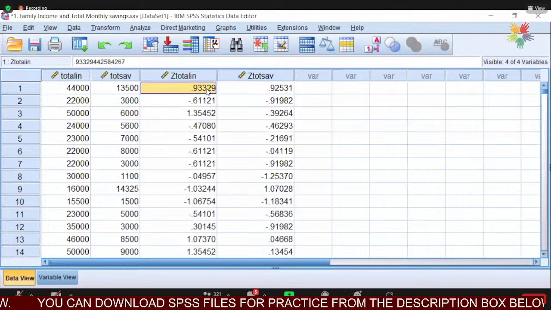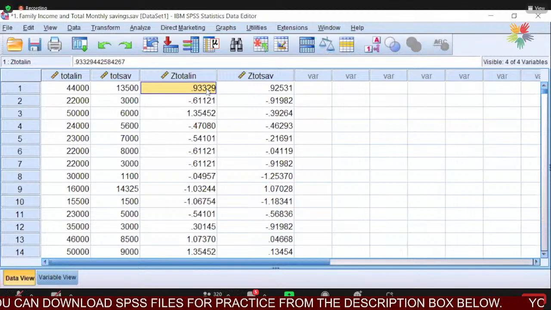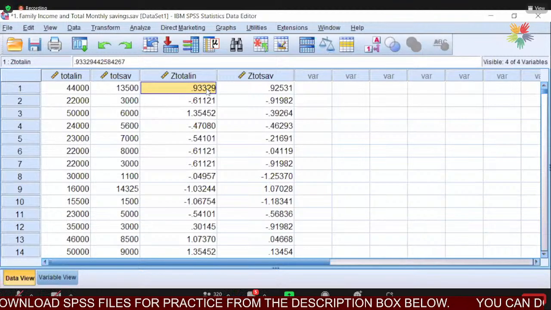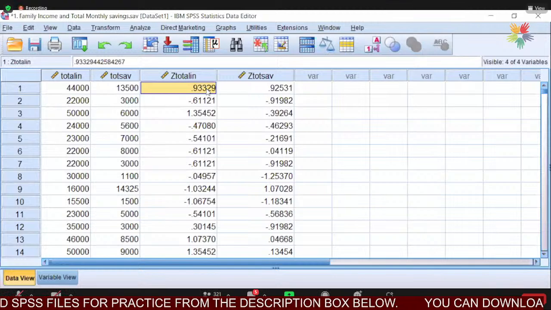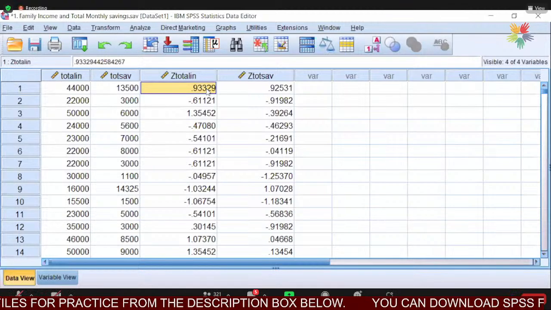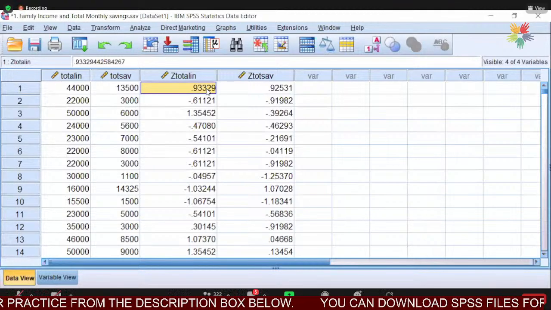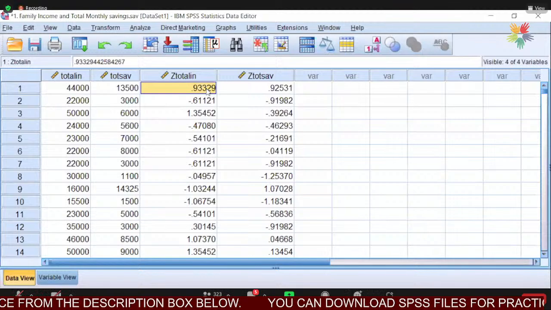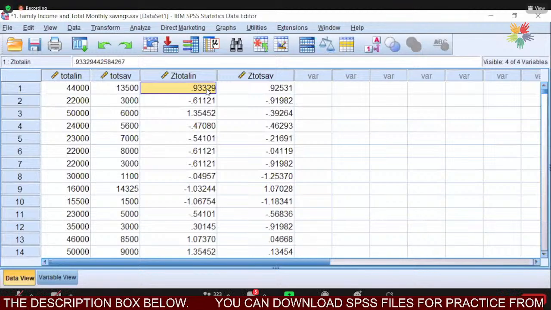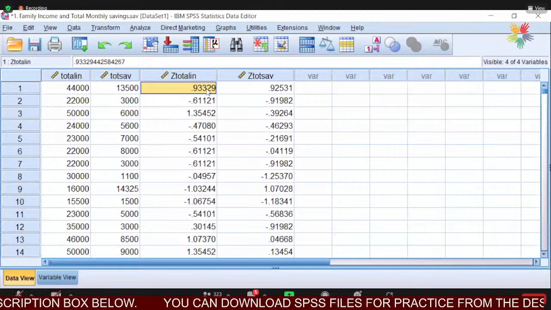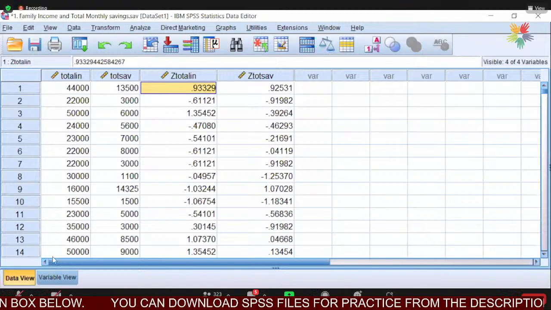Dependent variable is metric, but my independent variable is category. That is called dummy variable regression. So now let me go slowly, to make you understand, and then we will take up more.